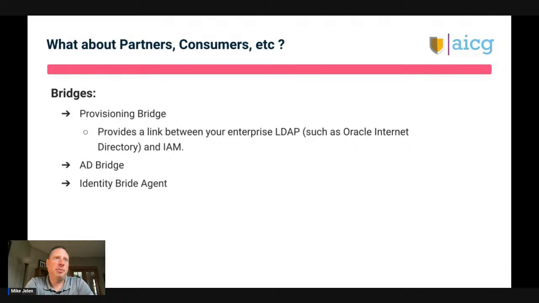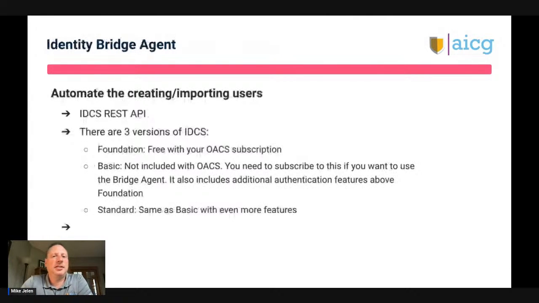And then there's an identity bridge agent, which you think of, all right, I'm going to use scripting, and perhaps I don't have a direct connector that goes into my identity centralization. This identity bridge is what you can use from there. And so this is automating using the REST API in order to create and import users and groups.